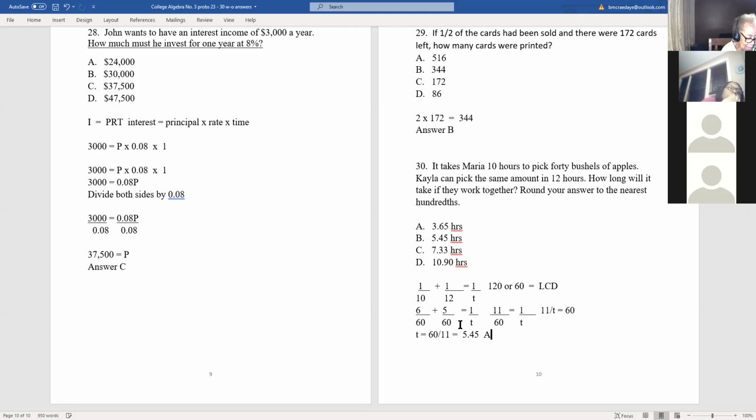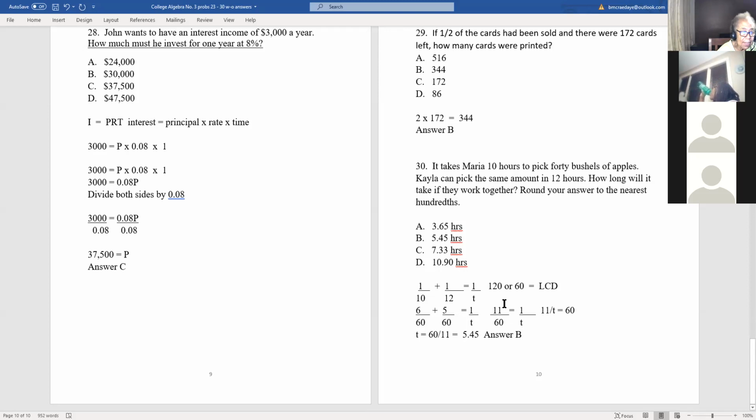Answer B. Okay. Any questions? When you ever have a work problem, you just put the numbers that they're given as 1 over that amount, add them up. That's equal to 1 over the time it takes with people working together. Get a least common denominator, add the numerators, and then once you get the sum, like 11 over 60, you don't really have to cross multiply.